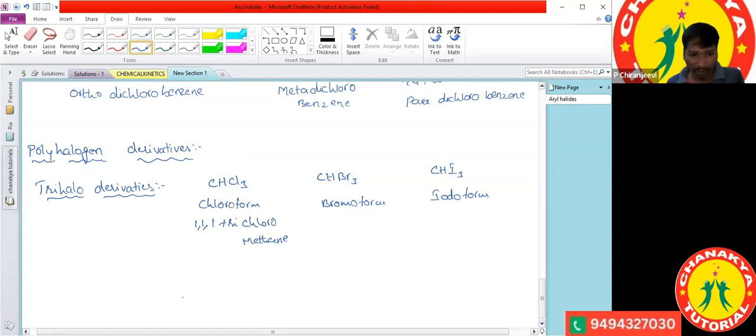And tetrahalo derivatives. So what is another example? For benzene I'll write one example here. So Ritu, what is the IUPAC name of the given structure? Cl, Cl, Cl on the ring.